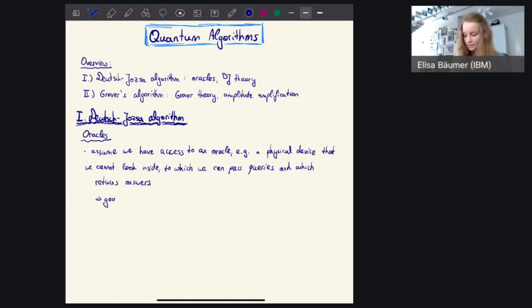So in this case, the goal is that we want to determine some property of our oracle using a minimal number of queries.